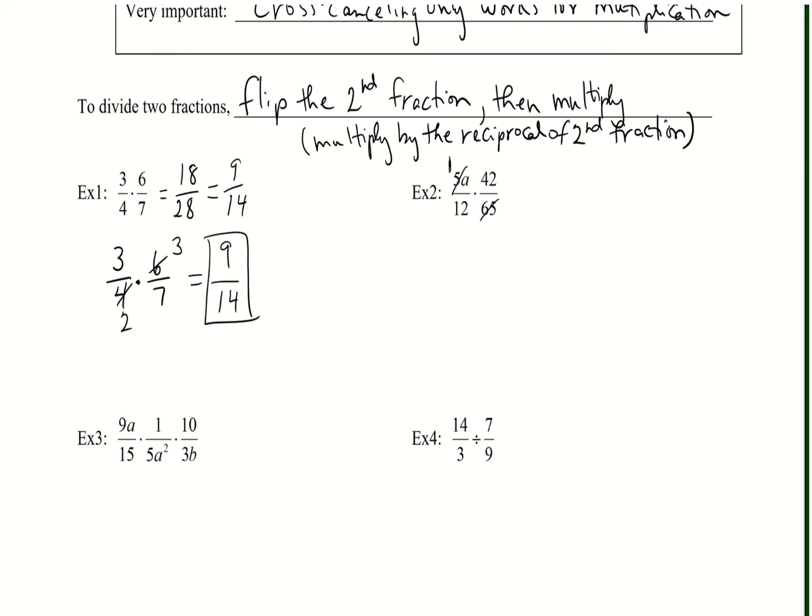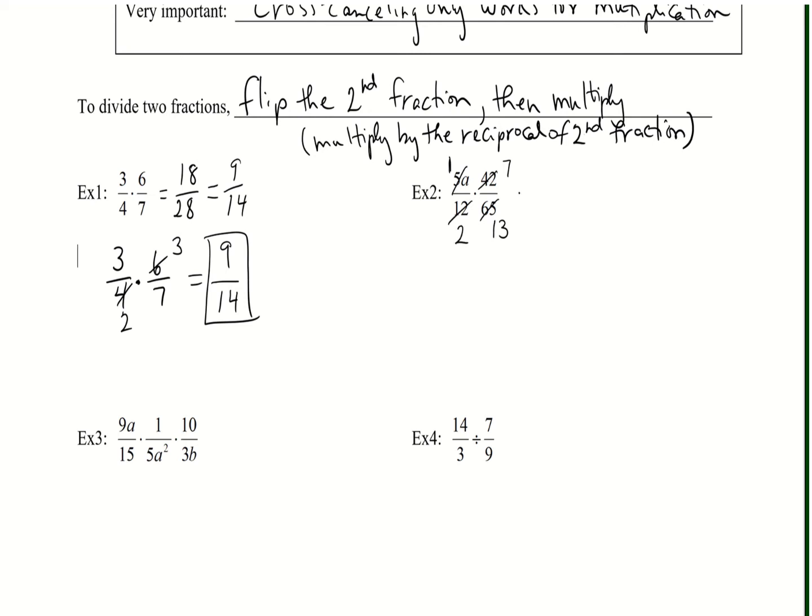In the numerator for the first fraction we have 1a, and 65 divided by 5 gives us 13. And then 12 and 42 both have factors of 6. So 42 divided by 6 leaves us with 7, and 12 divided by 6 is 2.